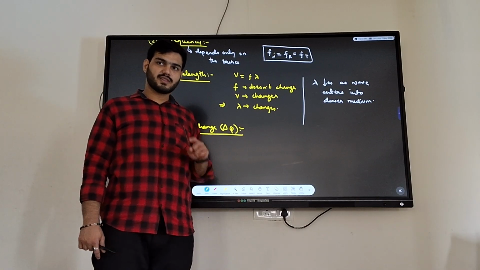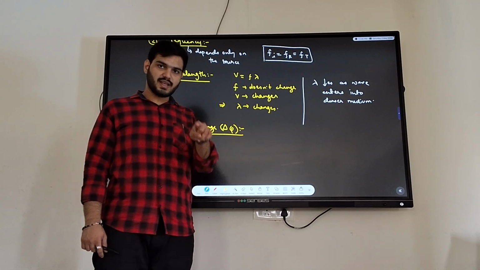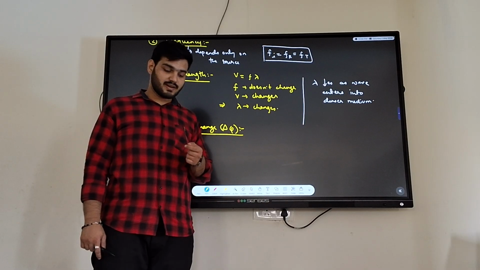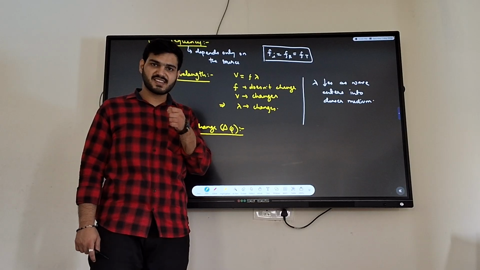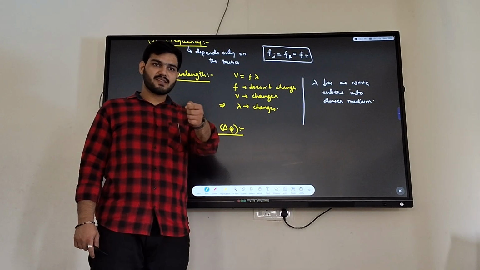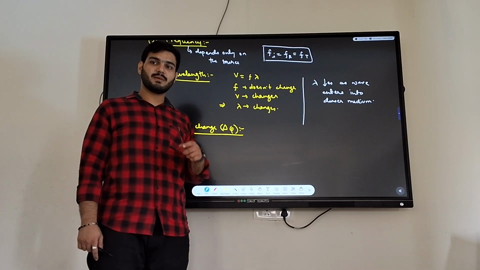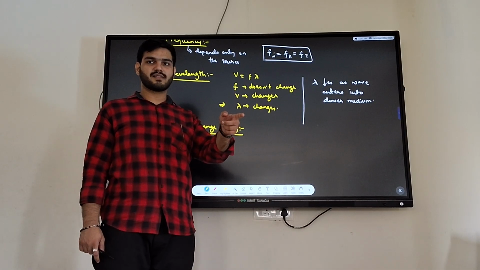For light, water is the denser medium. For sound, air is the denser medium. And what do I mean by a denser medium? The wave is slowing down in that medium. It feels the resistance. It can't pass that simply. That means the denser medium has a capability of flipping the phase by pi radians.